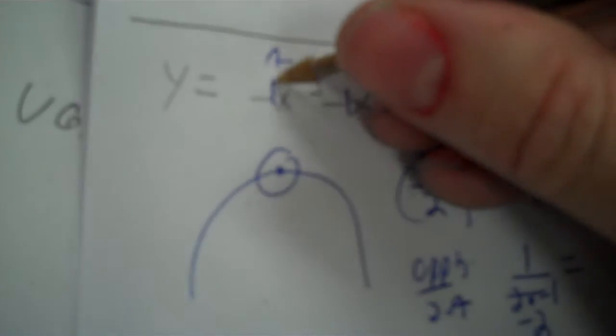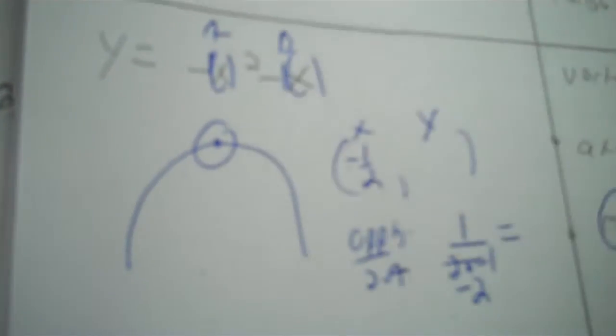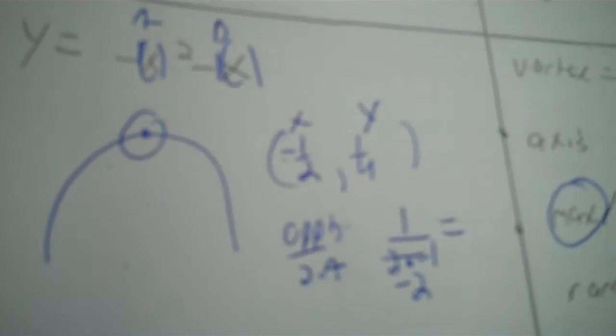Okay, then replace your x's with that input value we just figured out. Okay, I got 1/4. Now if you did -0.5, it would have given you 0.25.